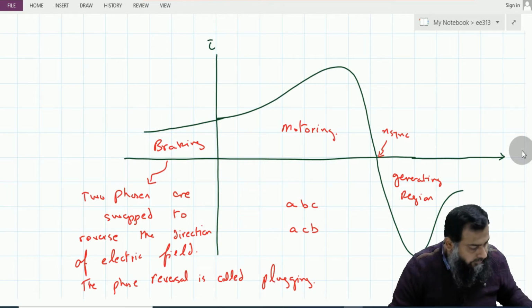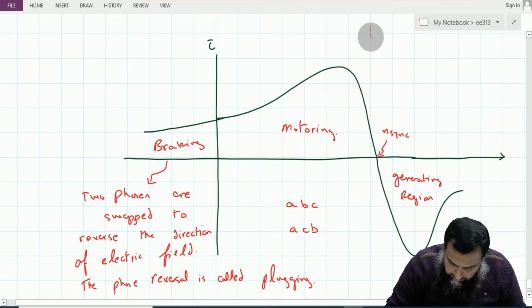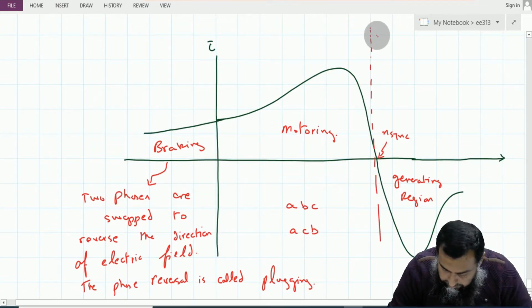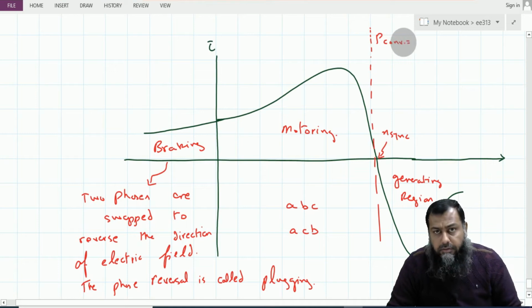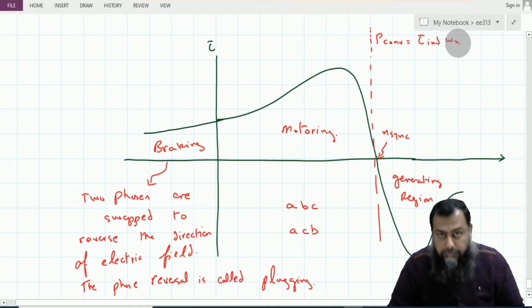Let us say that here we have this P converted. The converted power, which is converted into the mechanical domain, is equal to the torque induced times omega m.